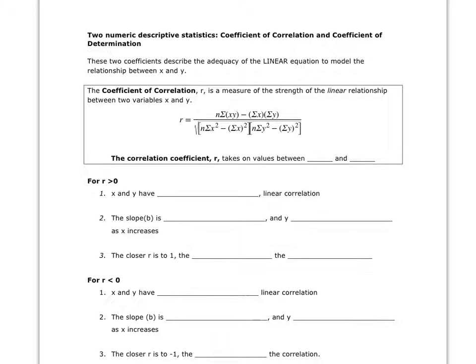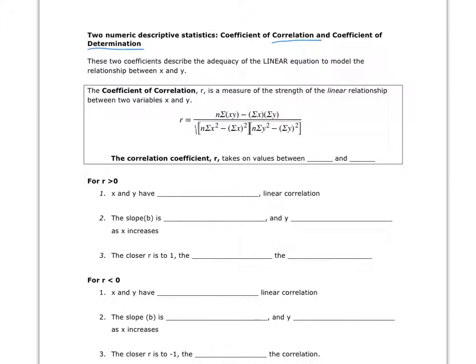Okay, so we have a couple other statistics that go along with doing linear regression: the coefficient of correlation and the coefficient of determination. These two statistics describe the adequacy of a linear equation to model the relationship between this bivariate data, x and y.